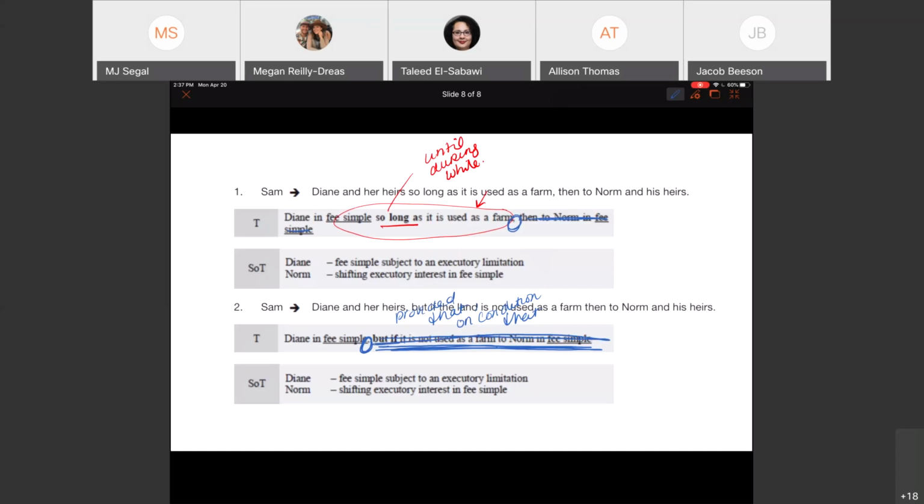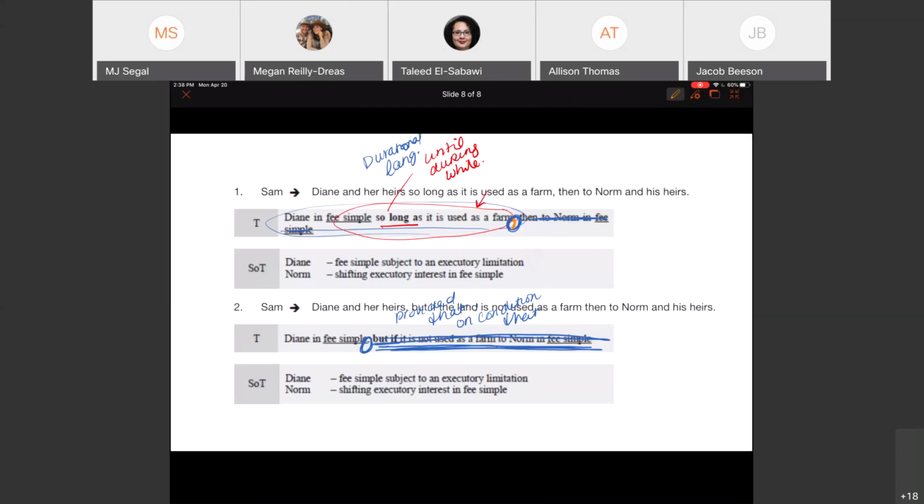Okay, so when you have an executory interest, look to see where the conditional language is. If it's durational language, like this, it's going to stay because durational language is placed, again, comma, placed with this first conveyance.